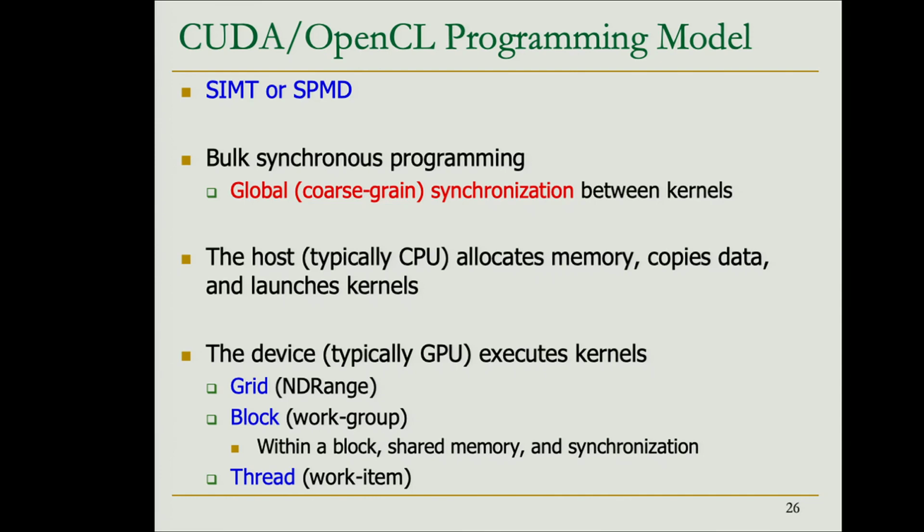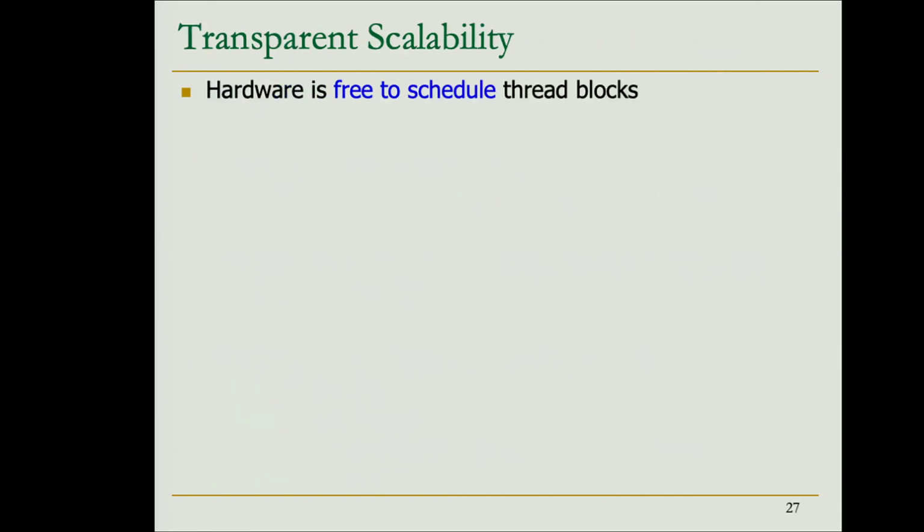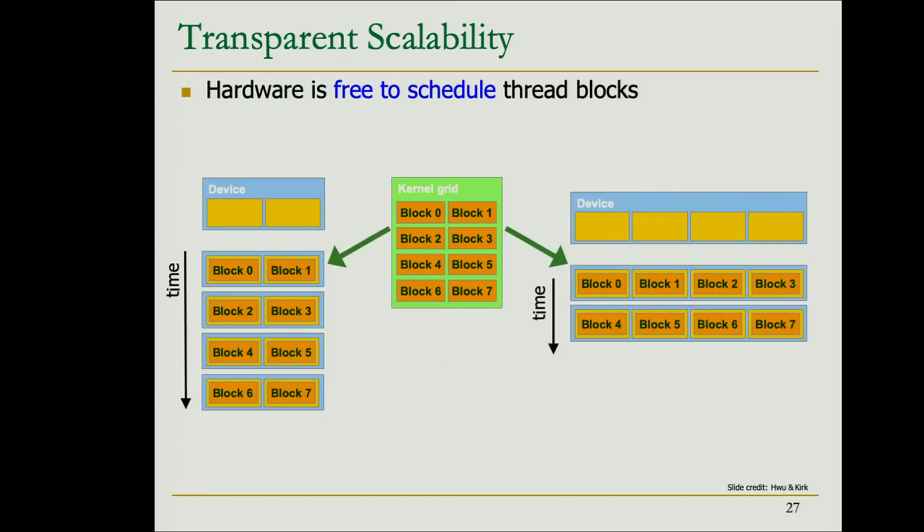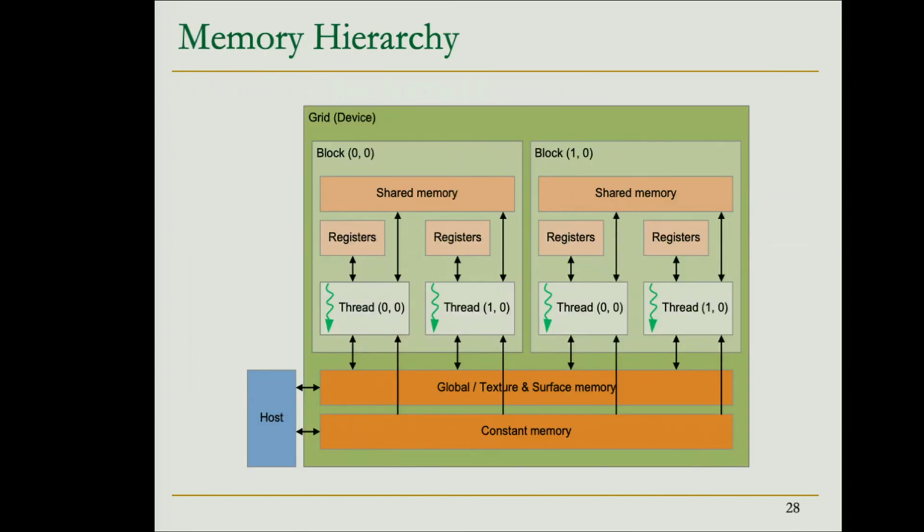Within a block, as you can see in the slide, these threads belonging to the same block can exchange or share data using an on-chip memory that is called shared memory, and they can also synchronize. So this is the local synchronization that I was talking about. And then we have thread blocks or work items in the OpenCL model.